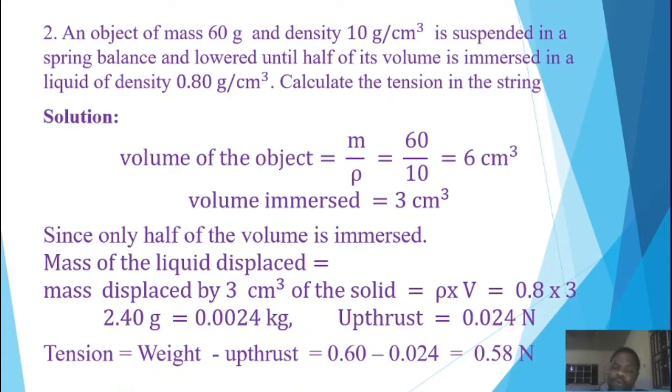We know that volume is equal to mass over density, where the mass is 60 and density is 10. So 60 divided by 10, you get 6 centimeter cube. So since half of the volume is immersed, the volume immersed is going to be 3, half of 6, which is 3 centimeter cube.